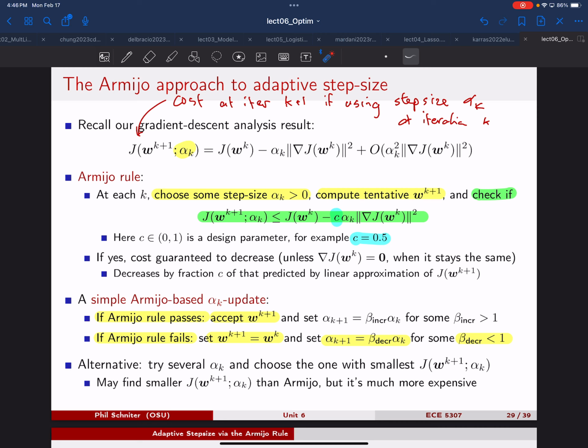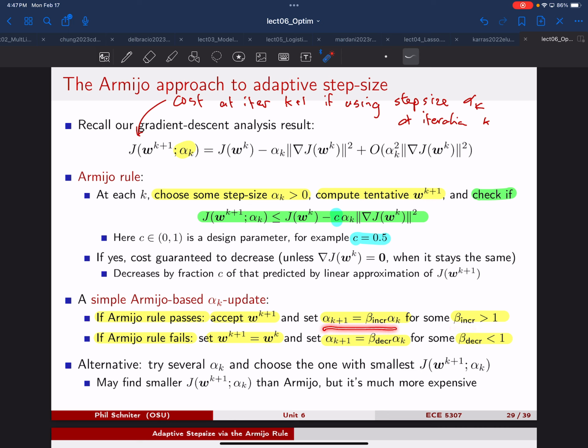Okay, and there's just one more point to it, which is that maybe your step size, alpha k, is really conservative. Maybe it's tiny and you actually should increase it. So anytime you have a successful step, it will say, well, maybe I can be a little bit more aggressive the next time. And so this is another parameter we have to set. Maybe this one is like 1.1 or something.